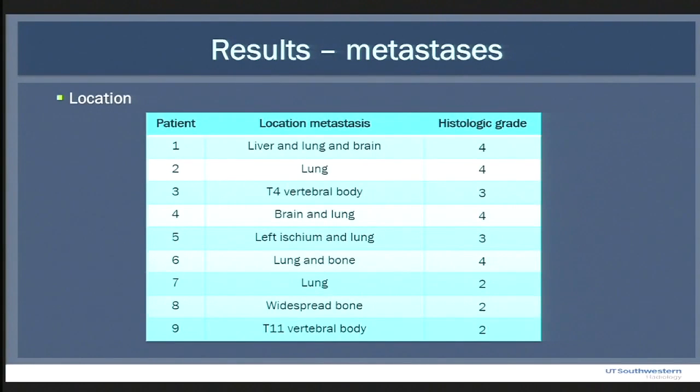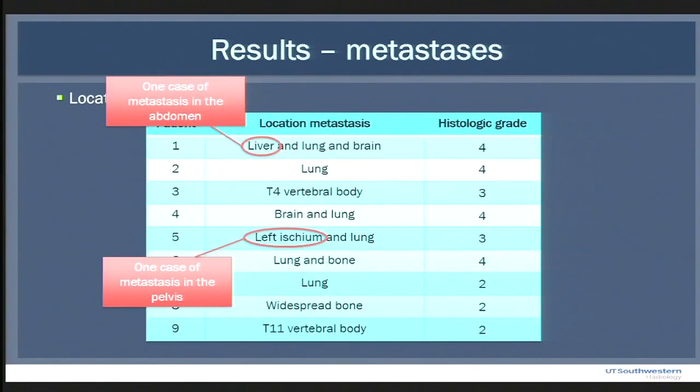From these 9 patients with distant metastatic disease, we had 1 patient with a metastasis in the abdomen, which had more than 1 lesion in the liver, and the other patient that had metastatic disease in the pelvis, which had a lesion in the left ischium. And we also noticed that both these patients also had concomitant metastases in the lungs.